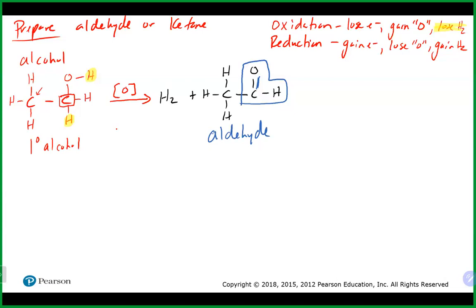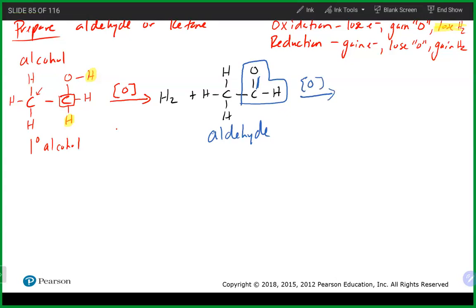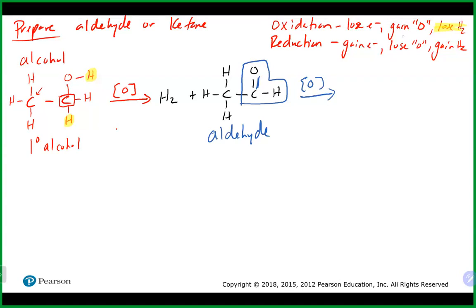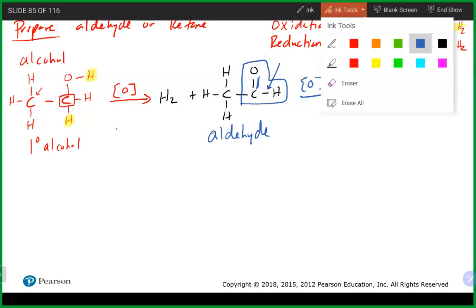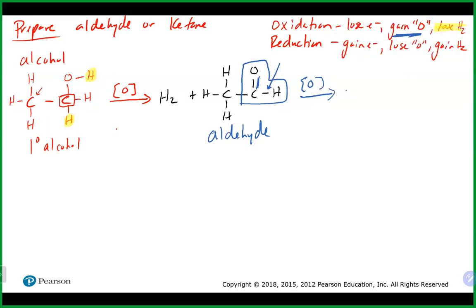Now, aldehydes can actually be further oxidized one more time. So you could decide, I would like to oxidize this guy one more time. On the second oxidation, you're going to use this definition of oxidation, which is you're basically going to insert an oxygen. And where's the oxygen always going to go? It's going to go right there. So you insert the oxygen right there, which means everything else is going to be the same. Absolutely nothing else changes. So we have an H, a C, an H, an H, a carbon-oxygen double bond.